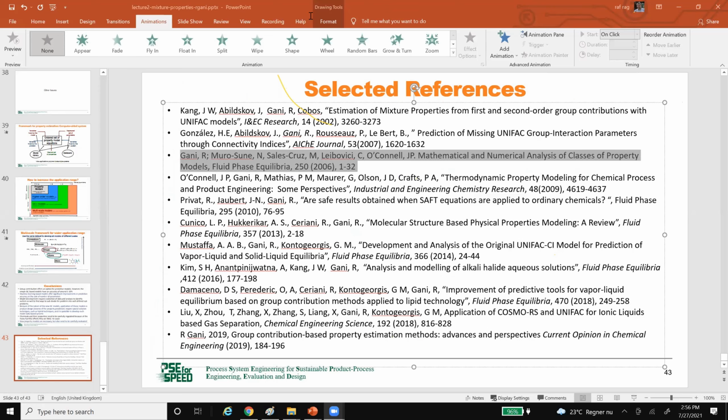Okay. Any other questions? What are the disadvantages of mixed EOS and GE models? The disadvantage is, I would say, and maybe Professor O'Connell can correct me, that whether it will work or not, there's no 100% guarantee. But the advantage is that if we have fitted the GE model group interaction parameters, we do not need the equation of state molecular interaction parameters.